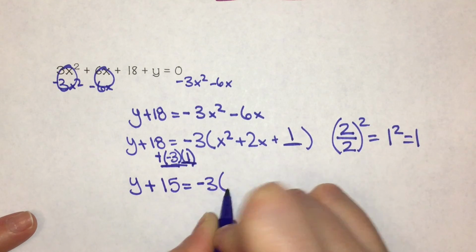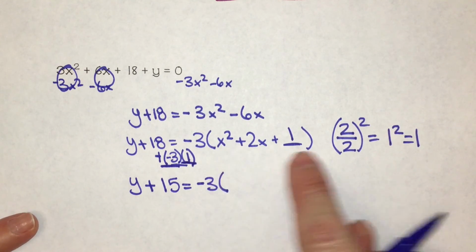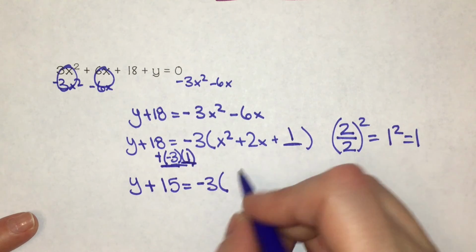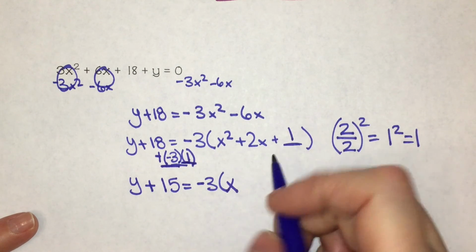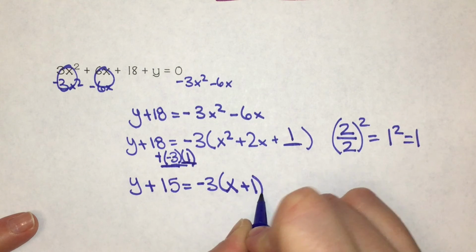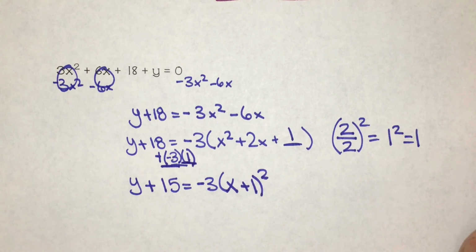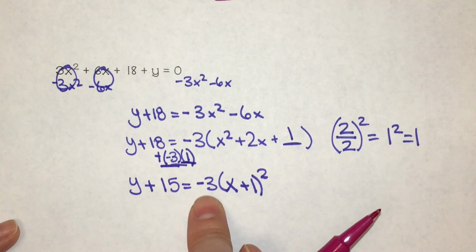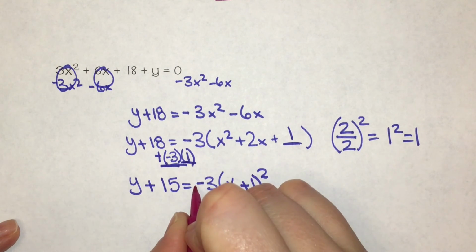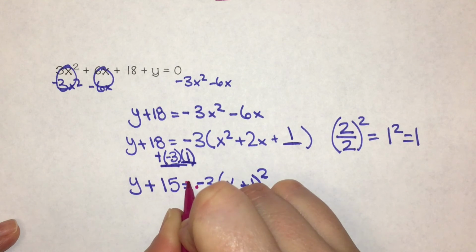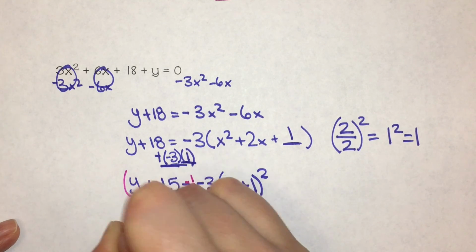Equals negative 3 times perfect square inside the parentheses. Square root of x squared is x. Square root of 1 is positive 1. And that's squared. So I need to move that negative 3 to both sides, so that's the same thing as multiplying both sides by negative 1/3.